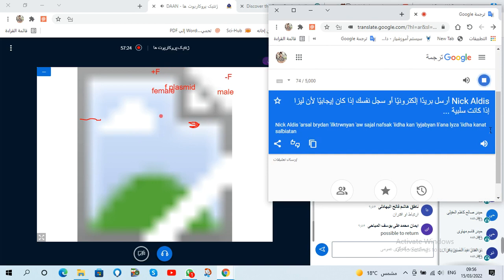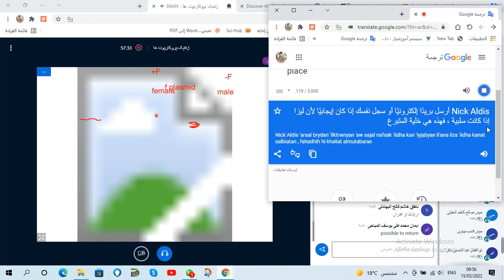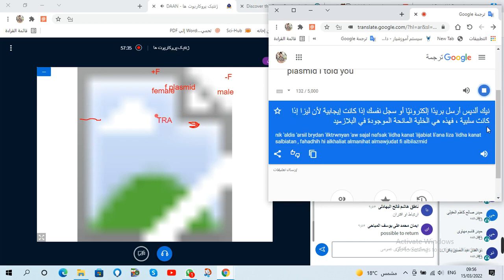So this is the donor cell. Which gene is in the plasmid? I told you, tra.